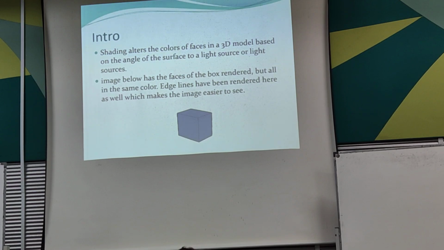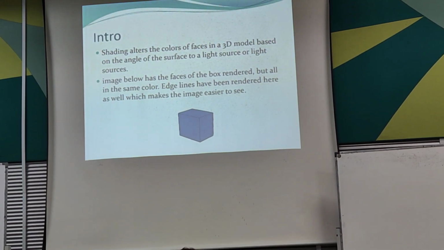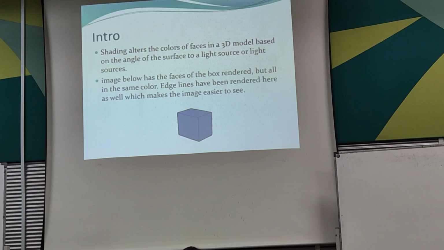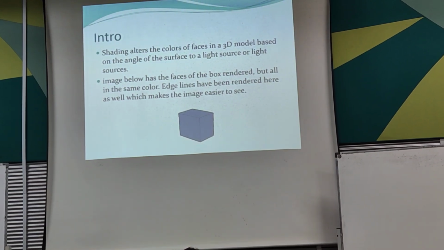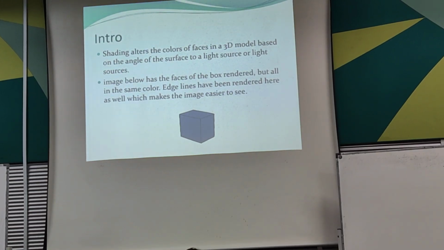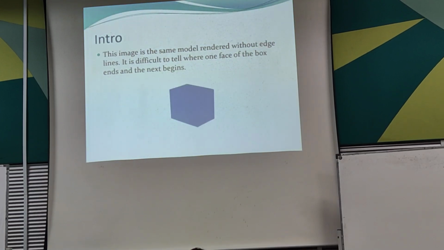If you implement shading with the normal calculations, you can see each face change to different colors. Then you can differentiate the faces. Shading makes your object look more 3D, and the 3D appearance makes it easier for you to see the edge lines.